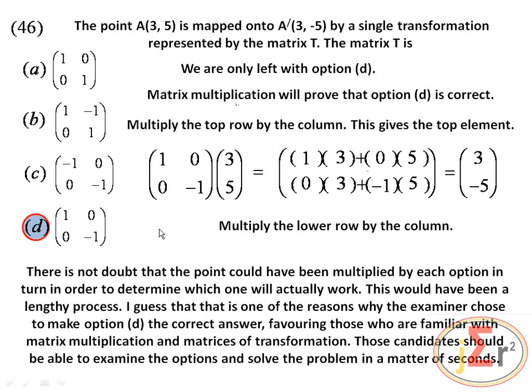The examiners imagined that candidates would just multiply this by the point, then multiply the next one in turn, eventually going down in sequential order to D. Therefore, if the correct answer is D, then that candidate would have used up the maximum amount of time possible in solving that problem.